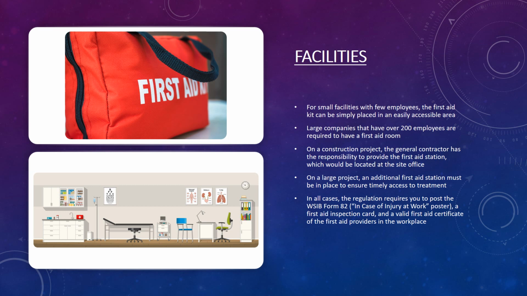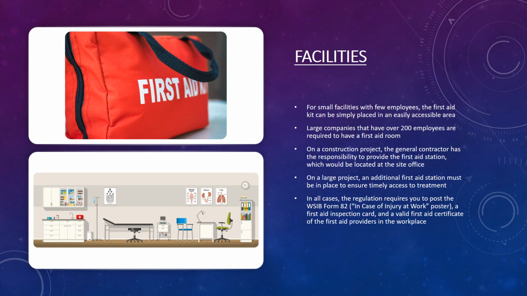On a construction project, the general contractor has the responsibility to provide the first aid station, which would be located at the site office. On a large project, an additional first aid station must be in place to ensure timely access to treatment.